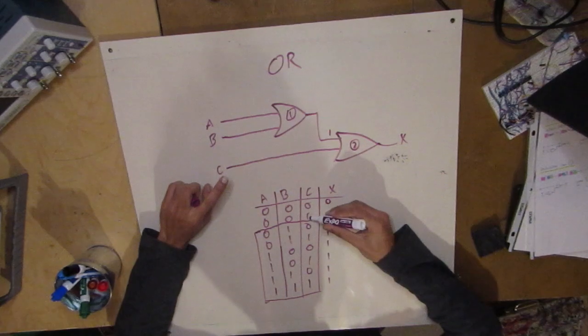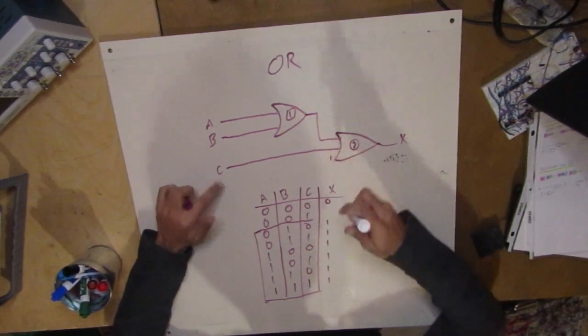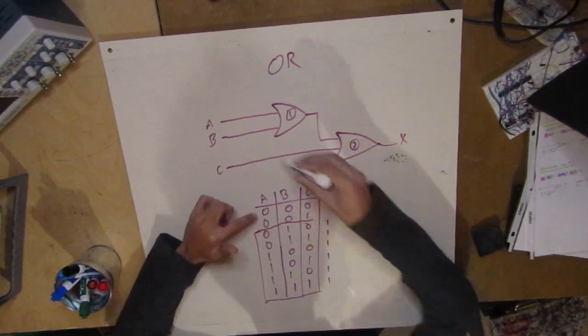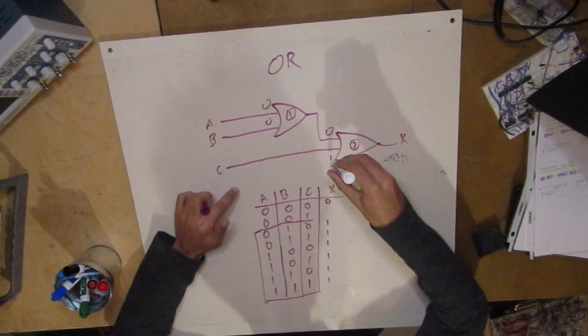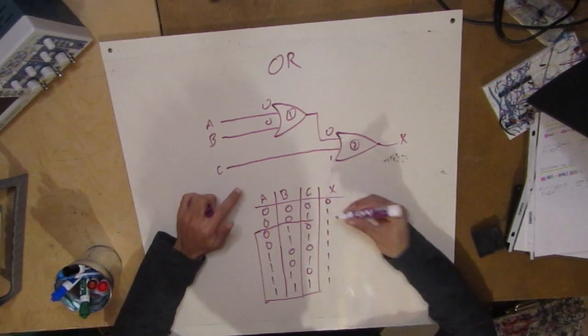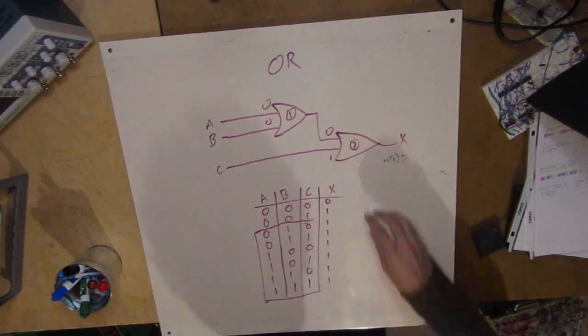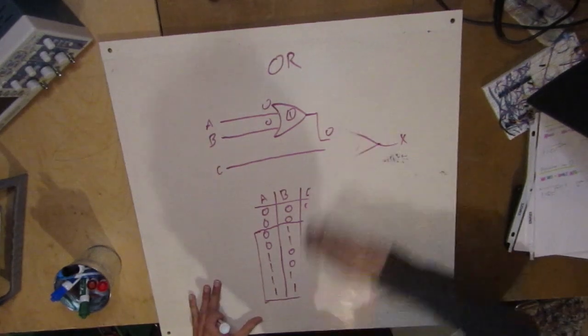So there's going to be a 0 here. But we have C, and if a 1 is here, and pretend we're looking at this column, so A and B are 0, so we get 0s here, nothing goes through. But we have OR logic. So we have C or the previous condition, and this will still give us a 1. And this is how you can chain OR gates together.